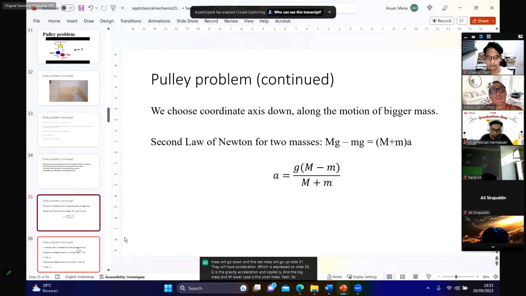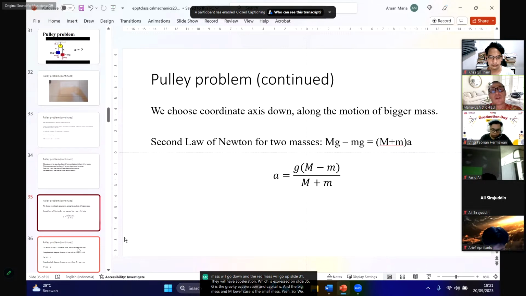So we write the second law of Newton in the direction of the motion. The first force is capital M g in the positive direction. The second force is negative lowercase m g in the negative direction, because it's the smaller mass; it will be pulled by the bigger mass. And then the result is the sum of masses times the resulting acceleration. One equation, one unknown.